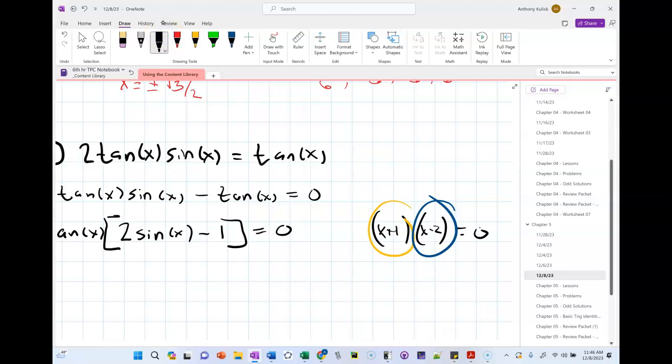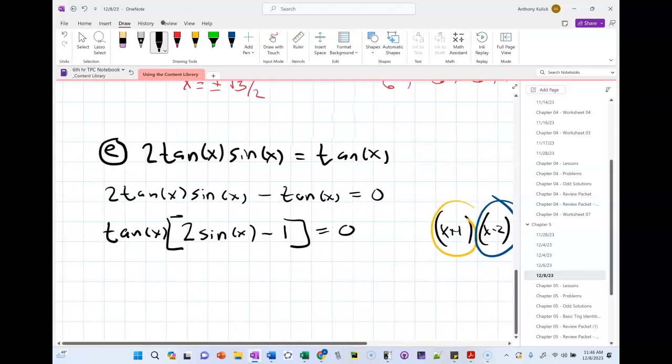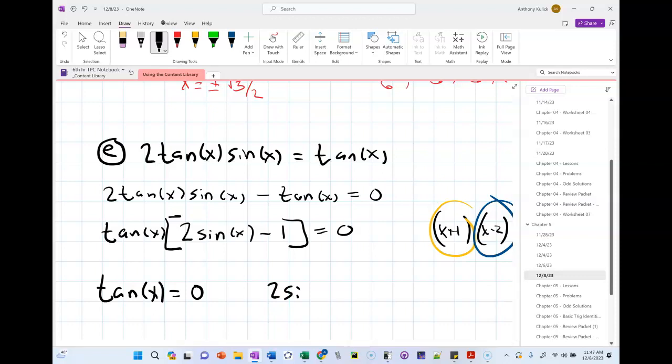So what that's called is the zero product property. It says if you have a bunch of factors that all multiply together and give you 0, at least one of those factors must be 0. So if we apply the zero product property here, we can say tan x is equal to 0, and 2 sine x minus 1 is equal to 0. Is everybody okay there?